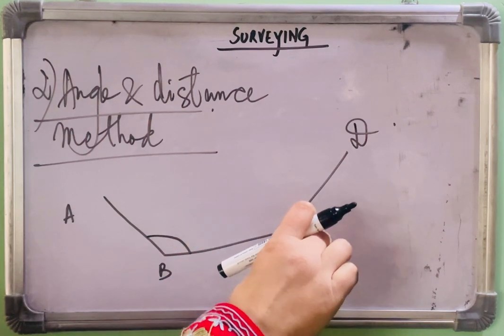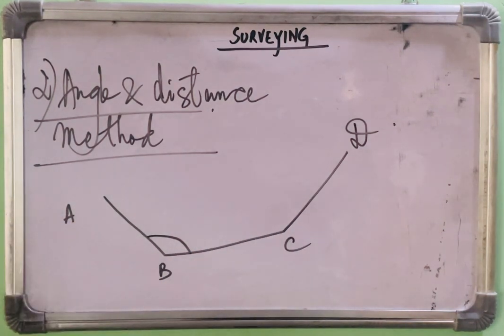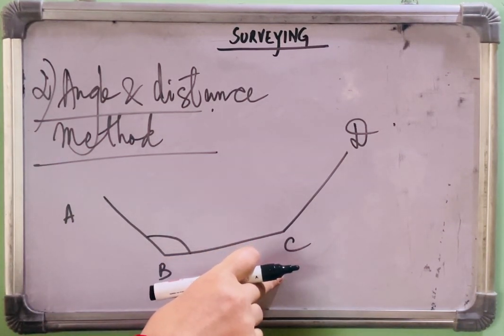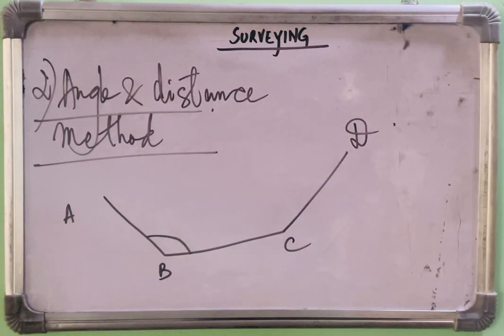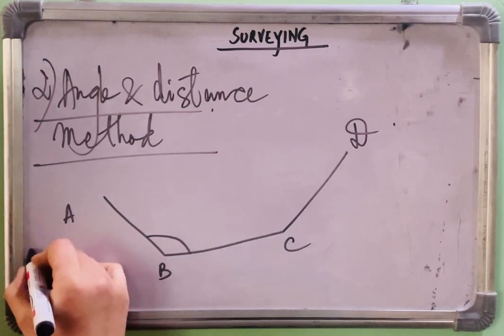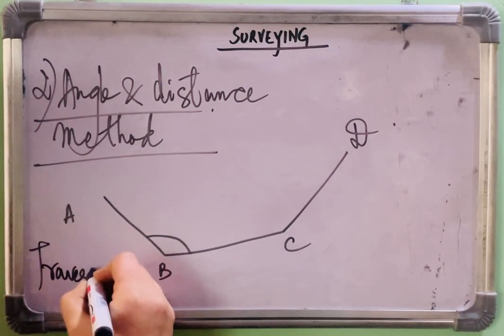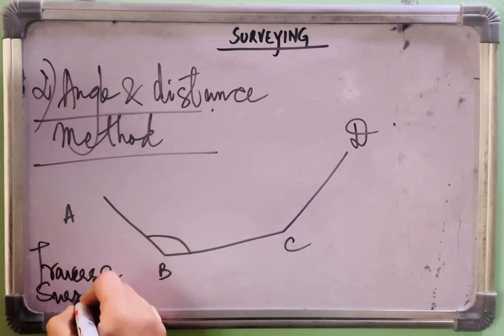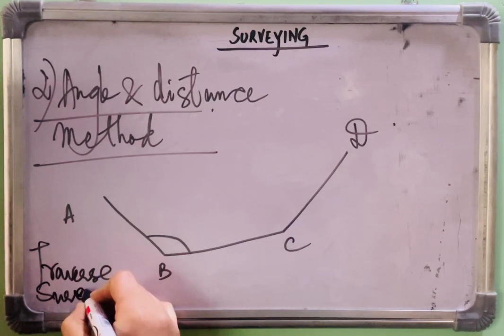This is the most direct way of determining the position of the point C, and the traverse survey is based on this method. Traverse survey is based on the method of angle and distance.